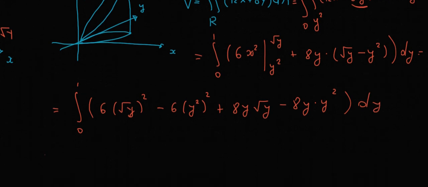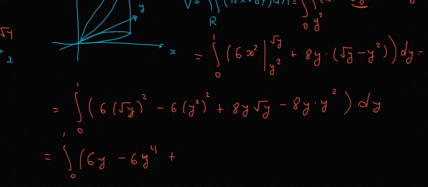Let's now simplify this. It will also help to write radicals as fractional powers of y. For the first term, where square root of y is being squared, we get 6y. And we have minus 6y to the fourth.